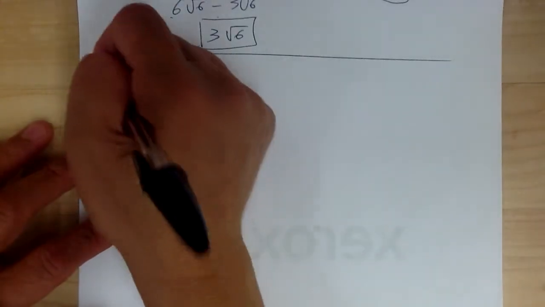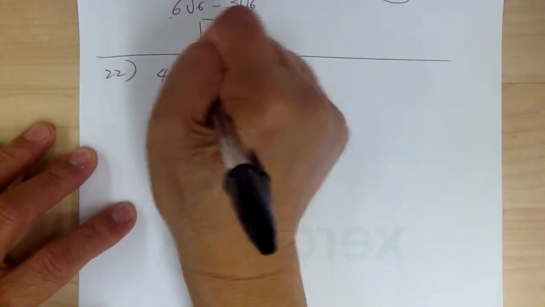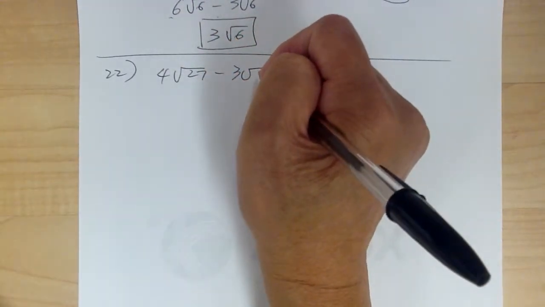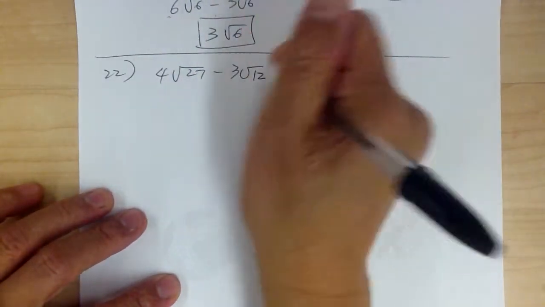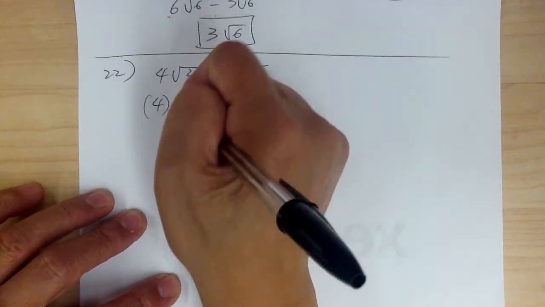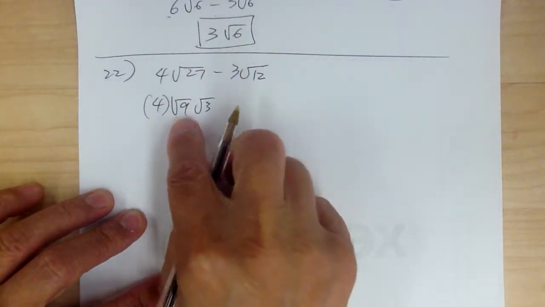Okay, number 22. You have 4 square root of 27 minus 3 square root of 12. So this one is fairly easy, so I'm just going to break it down. So I get 4, and I'm going to break into square root of 9, square root of 3. Right? I can try to get perfect square out of there.